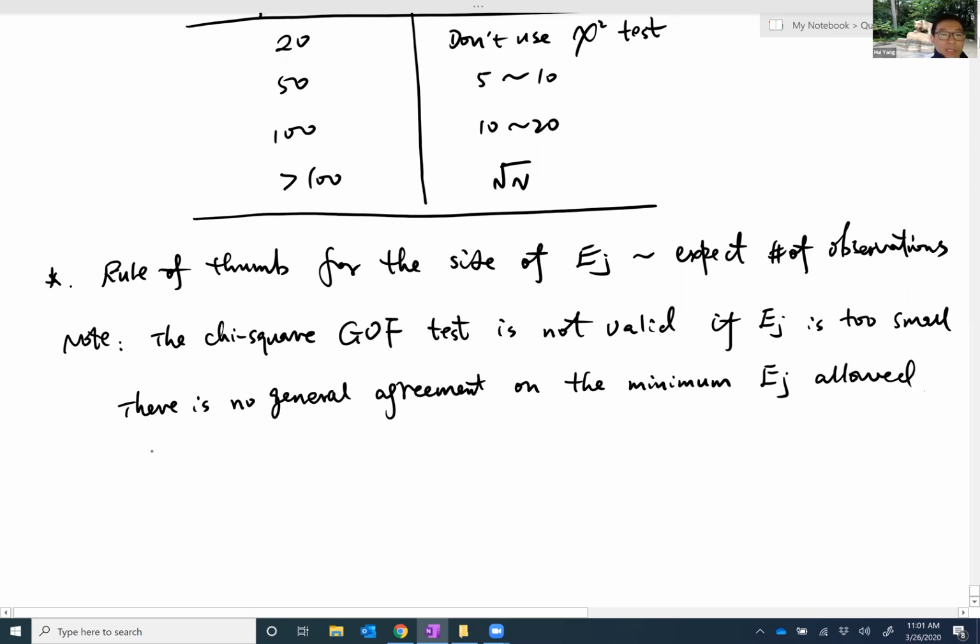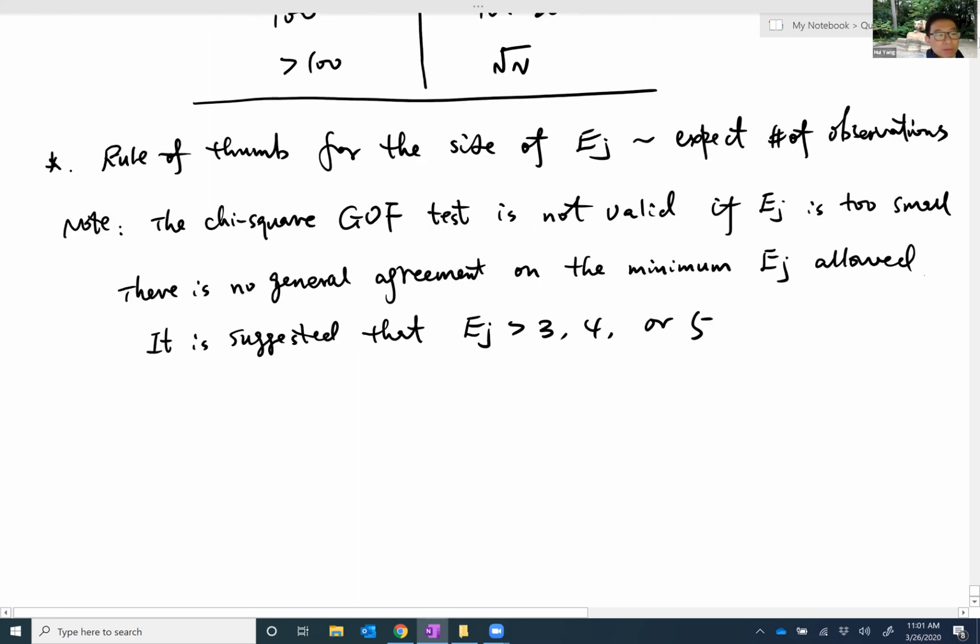It is suggested that E_j be greater than 3, 4, or 5. I mean, you better have more than 3 observations in a bin. So what if you have a bin that only has 1? Then what do we do?